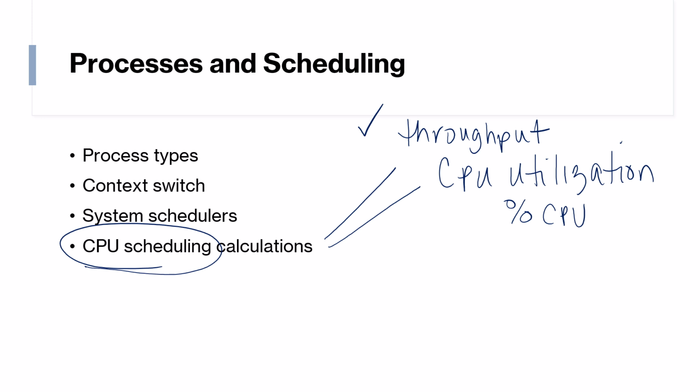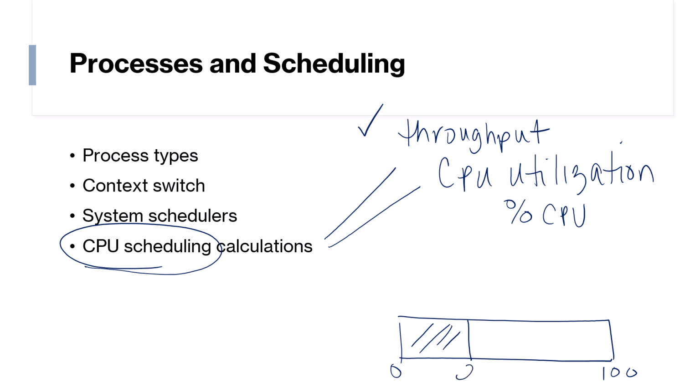Say here's your CPU, and time is 100 time units to be simple, and the CPU is active from 0 to 20 and is doing nothing from 20 to 100. It's just sitting there idle. This is not good CPU utilization, because this would only be 20% CPU utilization.